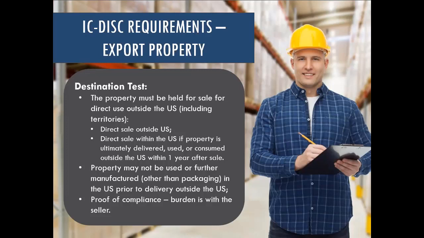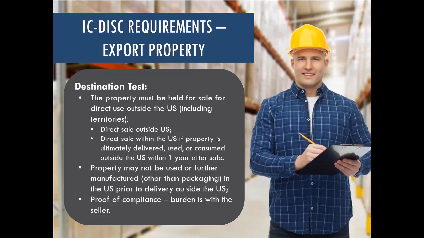Because they've used it in the US prior to its export, now you no longer meet the destination test. So if you are going through the indirect export route, be careful to know what is going to happen to that property after it leaves your hands, but before it's exported.